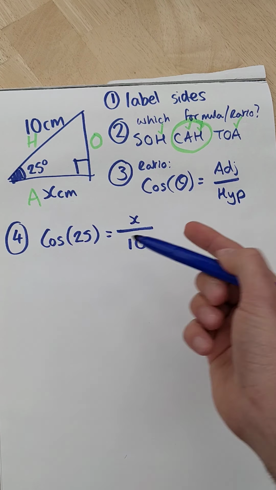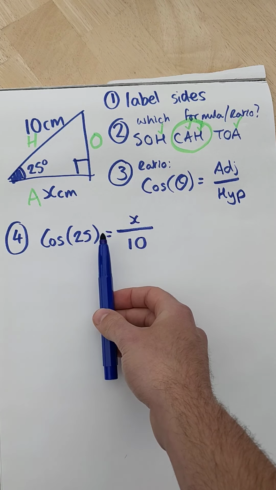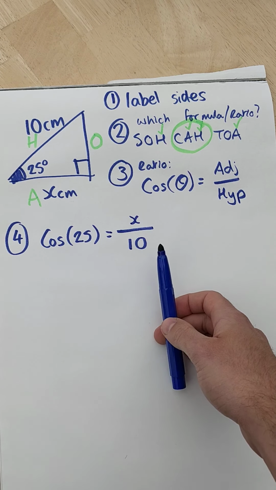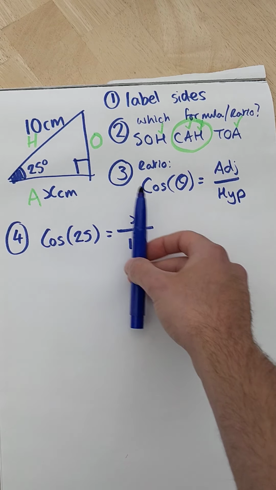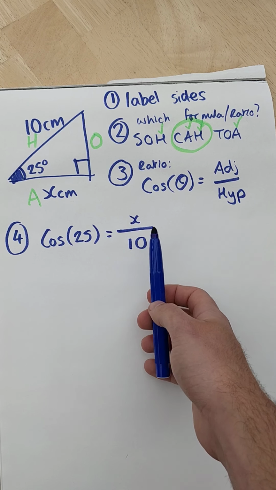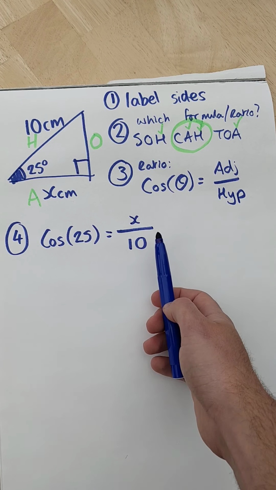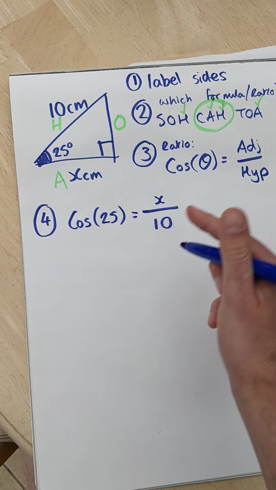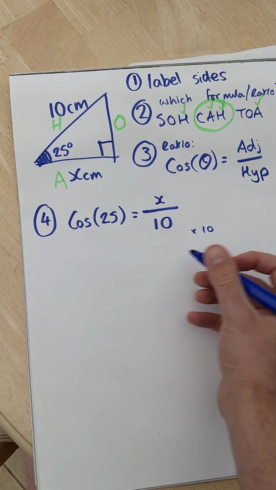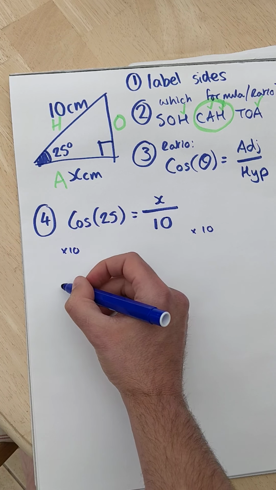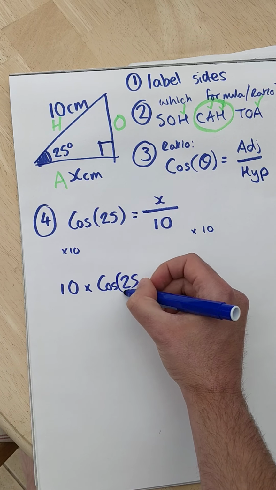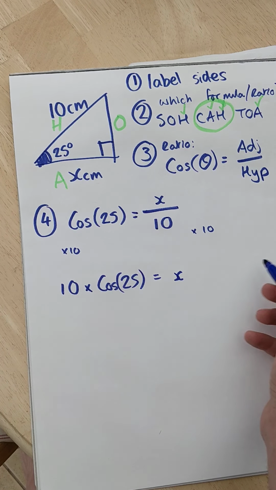So cos of 25 is equal to x over 10. Now all we have to do is solve this formula. The way I would solve it is I times both sides by 10, so I get 10 times cos 25 is equal to x.